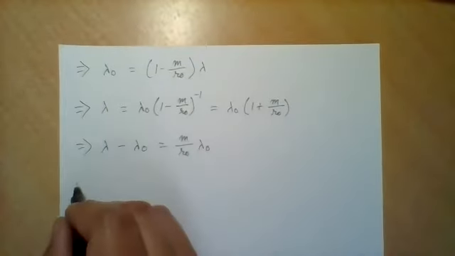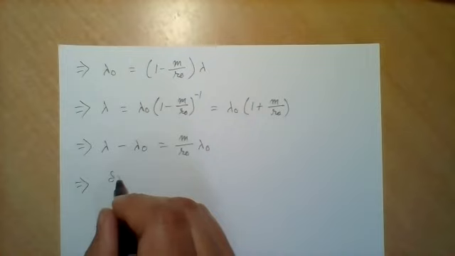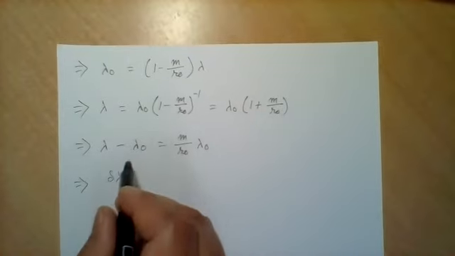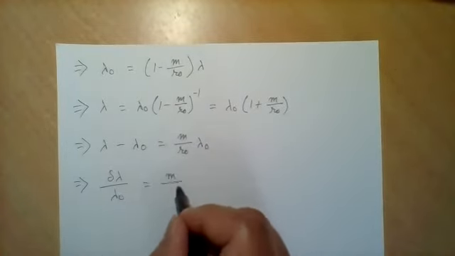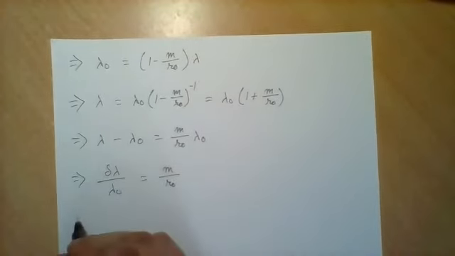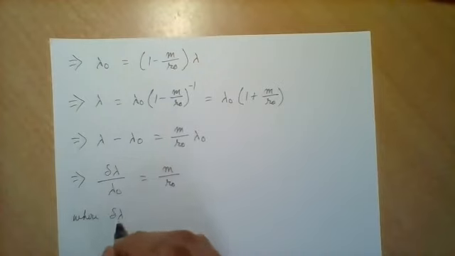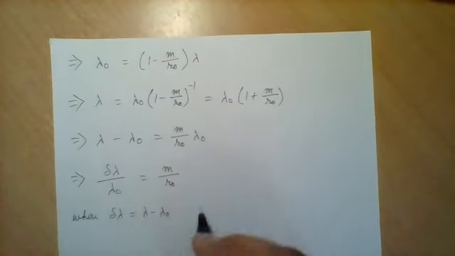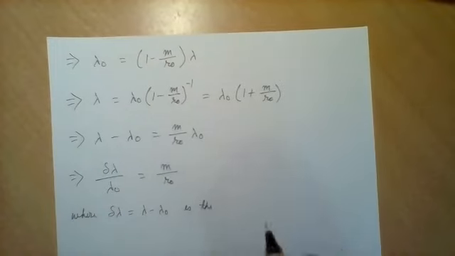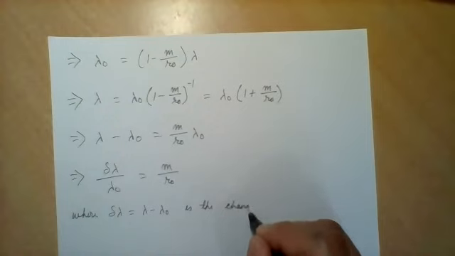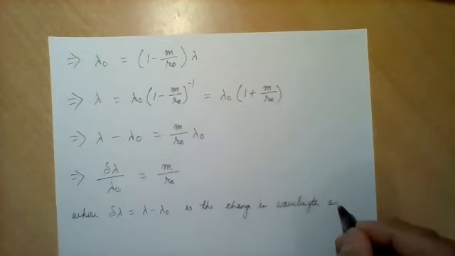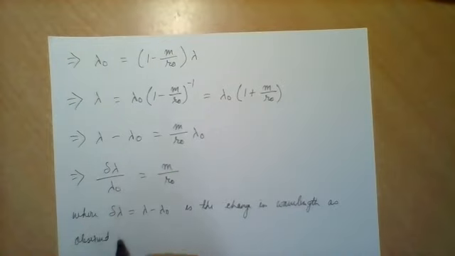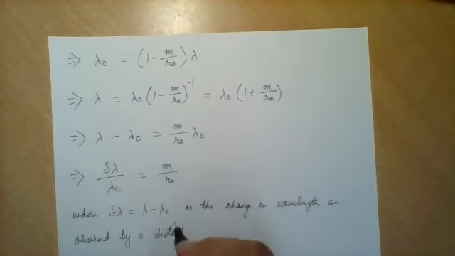Okay, this implies delta lambda, which is lambda minus lambda0, divided by lambda0 is equal to m by r0, where delta lambda equal to lambda minus lambda0 is the change in wavelength as observed by a distant observer.